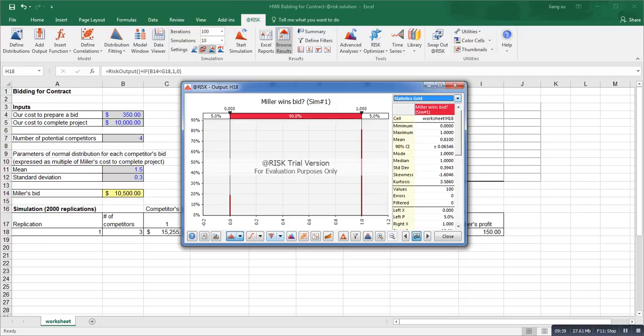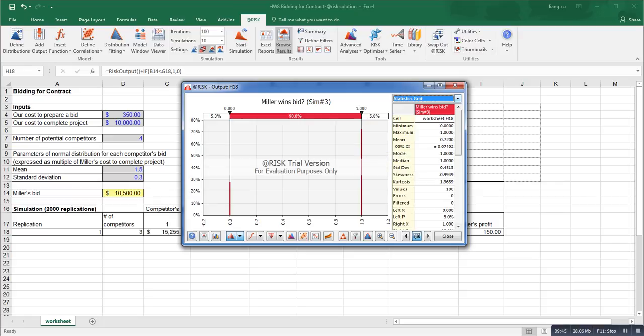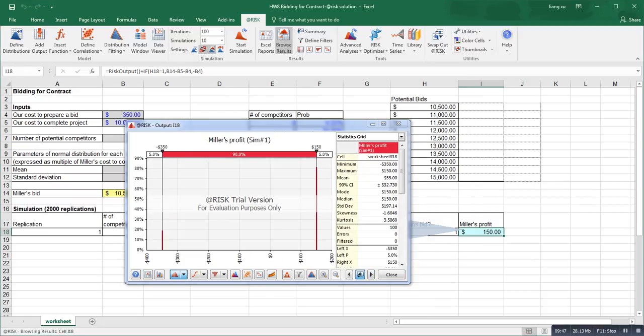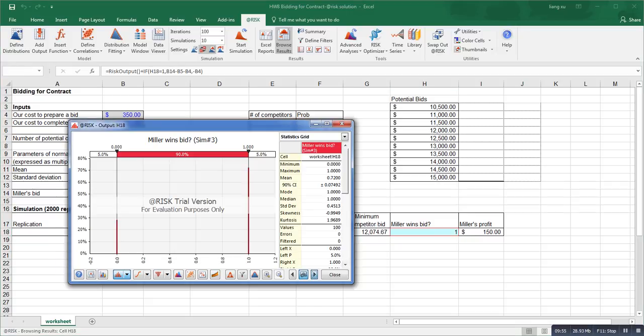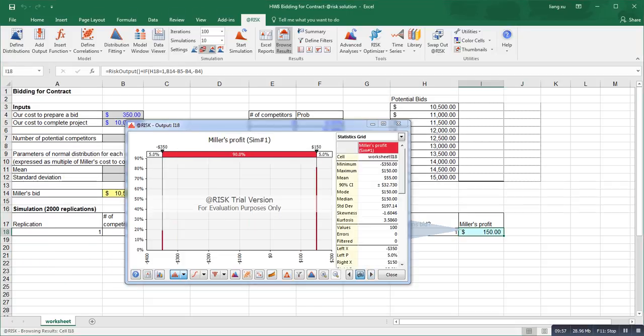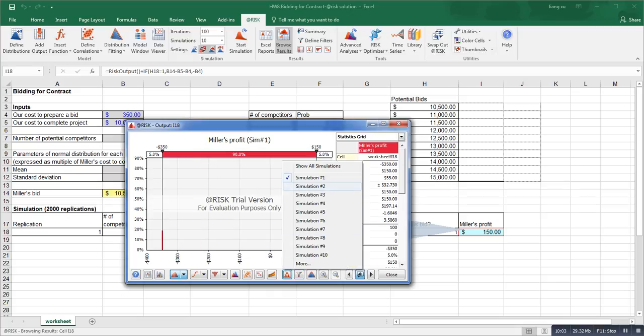You can see the different simulations here, and you can also switch between the 2 outputs. By clicking here, you can see this is the outcome of winning probability, and this is the outcome of the profit, and you can look at the different simulations here.